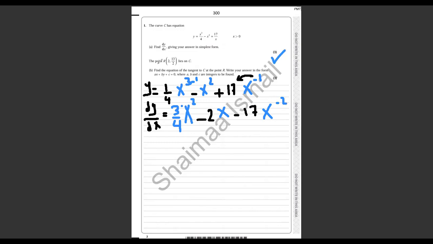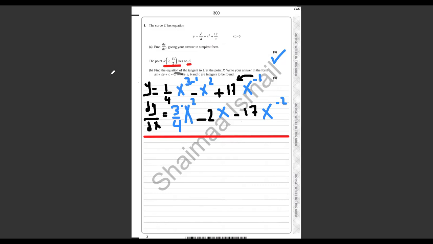Okay, this is the next. Here we have the point, and this point is on the curve. Here he wants you to find the equation of the tangent.